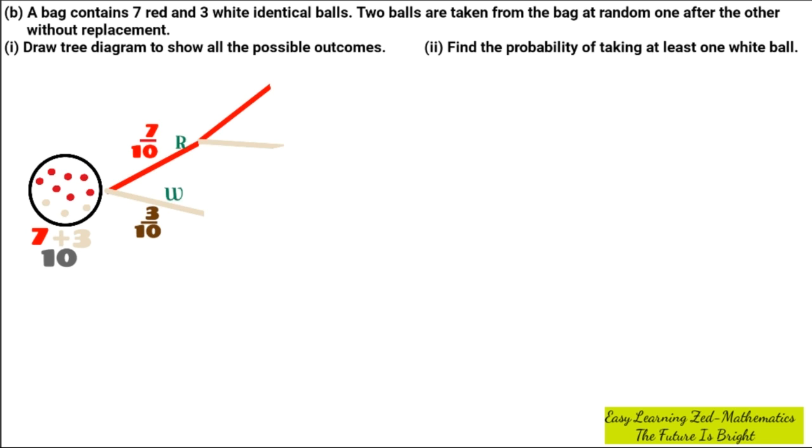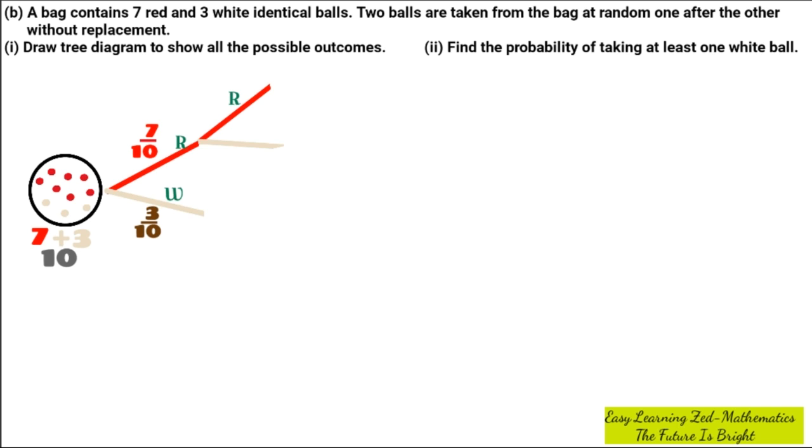Now we can go on to the next branch, which is red as well. So what is the probability of picking a red ball when you picked a red ball at first? That means the number of red balls has reduced by 1, and the total number of balls in the bag has reduced by 1.